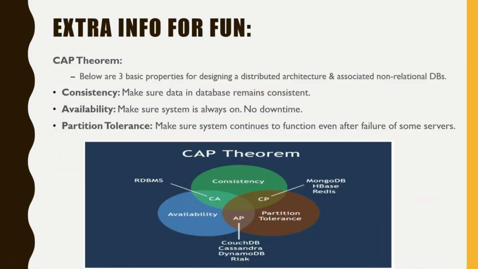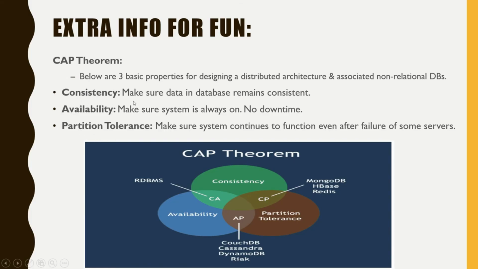Now recently I came across an amazing article of W3 Resource which has some good pictorial details about NoSQL or distributed systems. While designing a distributed system, one should consider three basic properties before implementing it, which is called the CAP theorem. C for consistency, A for availability and P for partition tolerance.